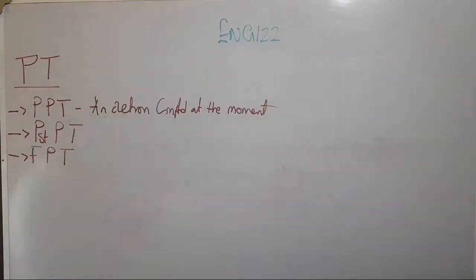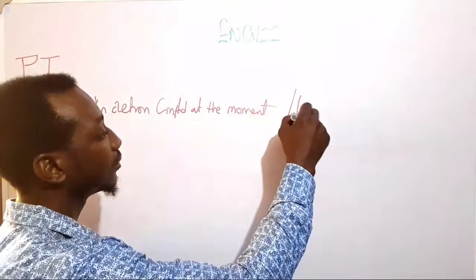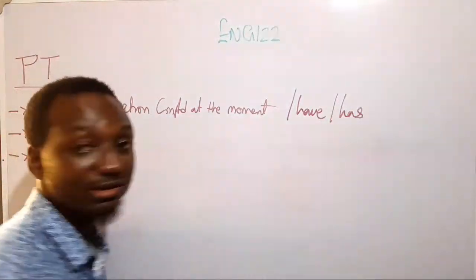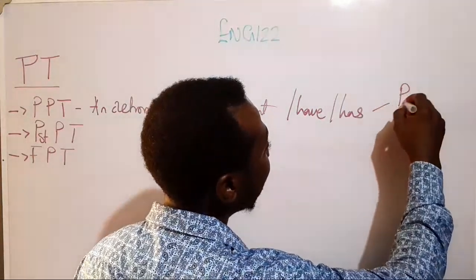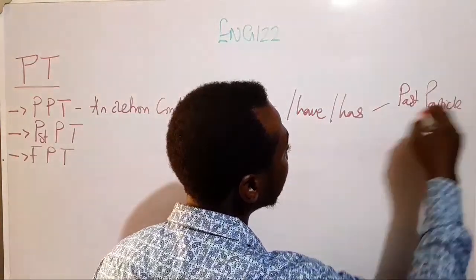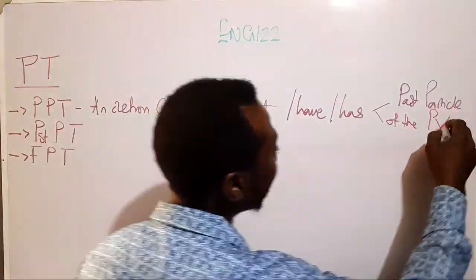The present perfect tense is formed by combining an auxiliary like have or has with what we call the past participle of the principal verb.